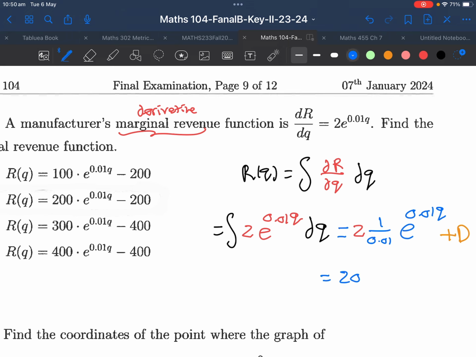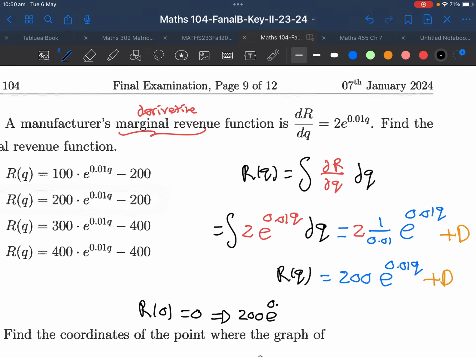Now, if we do this in the calculator, this will be 200e^(0.01q) plus this number D, which we need to find now. How do we find D? Substitute q equal to 0. Why do we do that? Because we know that R of 0, the revenue if I don't sell anything, is 0.